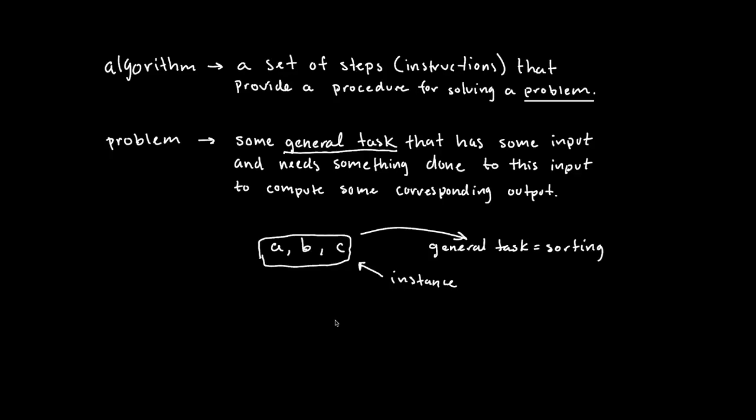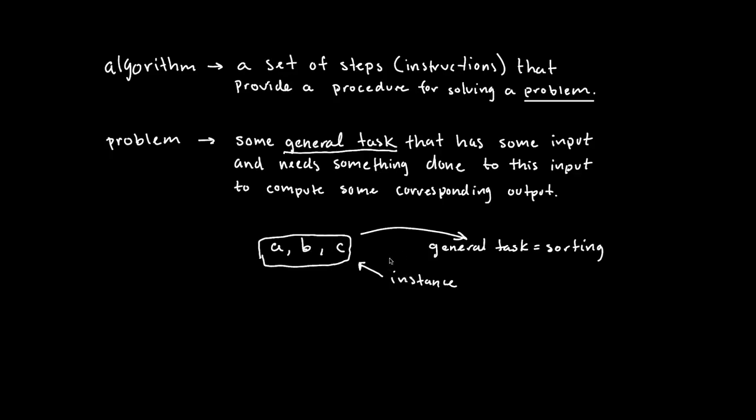According to Steven Skiena, author of The Algorithm Design Manual, and I'm sorry if I'm pronouncing his last name incorrectly, he says in his book, determining that you are dealing with a general problem instead of an instance is the first step towards solving it. And it's important to know that when we write algorithms, we should write them to be as general as possible. This means that we want our algorithms to solve any instance of valid input for the problem that we describe.